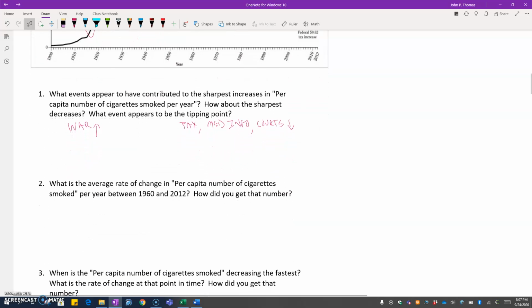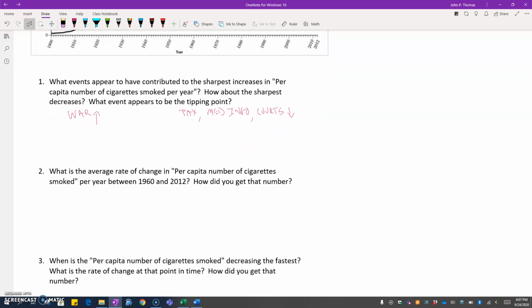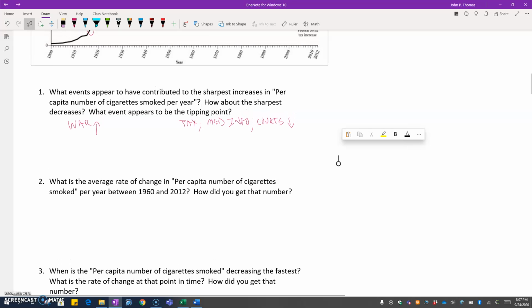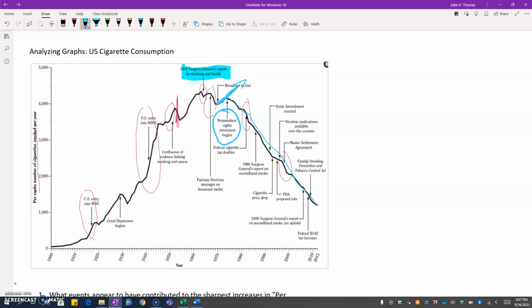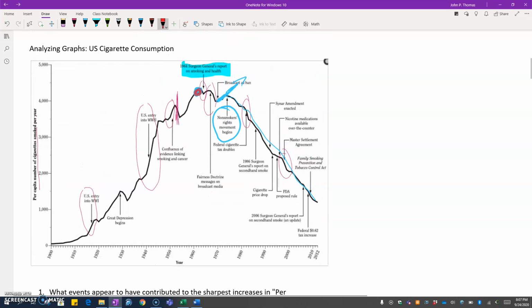All right. Question 2 says, what is the average rate of change in per capita number of cigarettes smoked between 1960 and 2012? So if I go to 1960, it looks like we're roughly right about there. This next one here so we can see it. And then we're going to 2012, which is right about here.